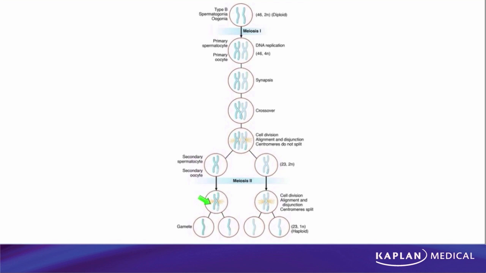Now that secondary oocyte will never finish that second meiotic division unless it is fertilized. If it is not fertilized, that's as far as it gets, metaphase of the second meiotic division, and it dies as a secondary oocyte.